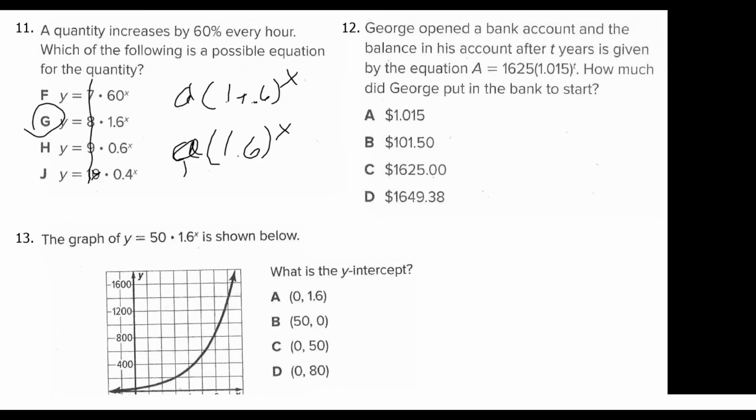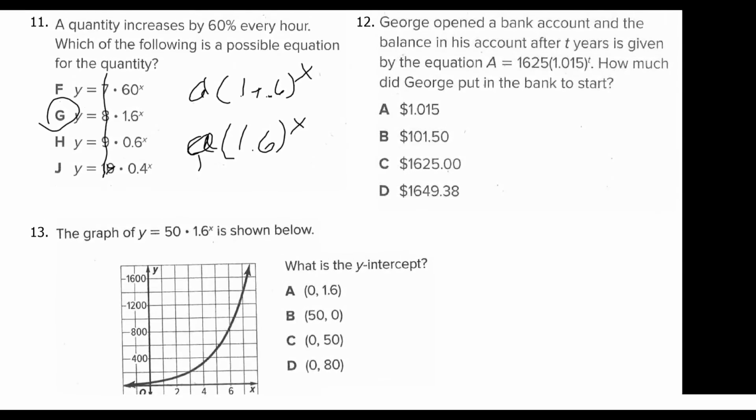All right, now George opened a bank account, and the balance in his bank account after T years is given by the equation A equals 1625 times 1.015 raised to the T power. How much did George put in the bank to start? Now, this right here is B, and that's just 1 plus 1.5%.